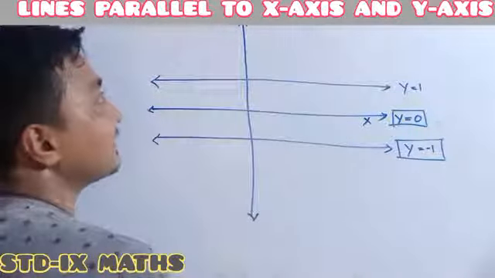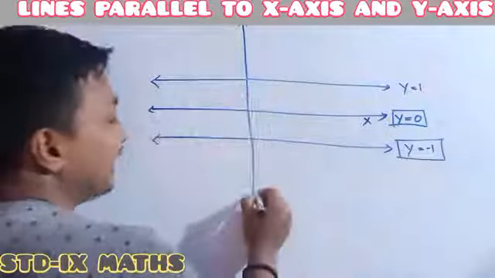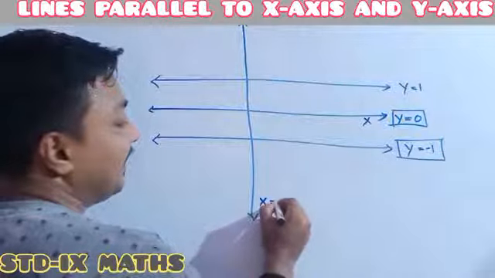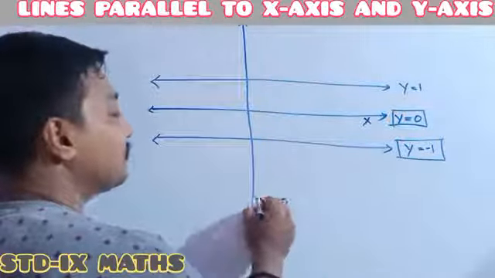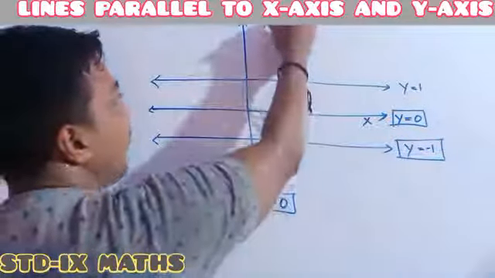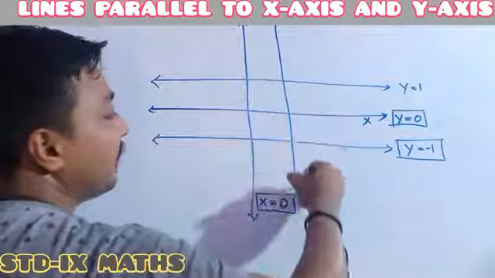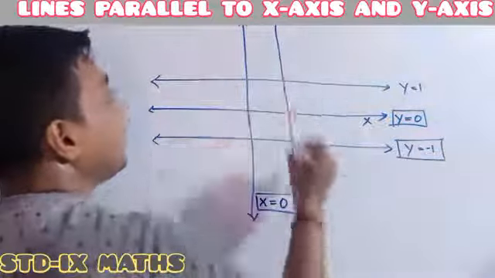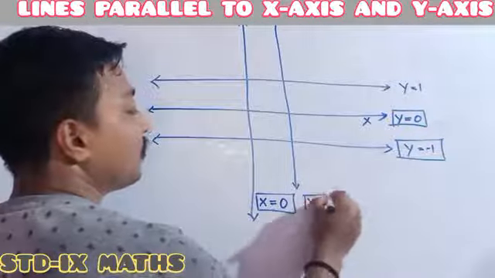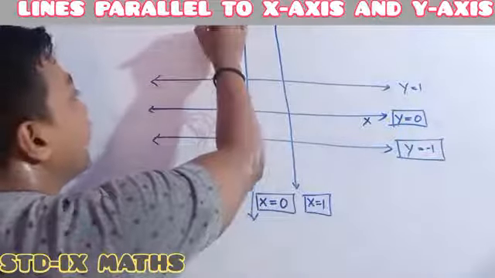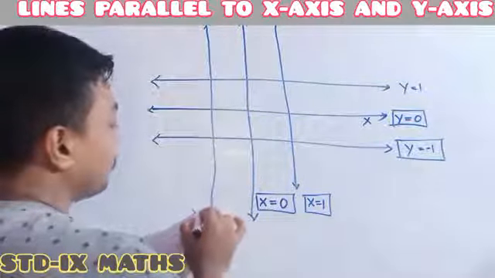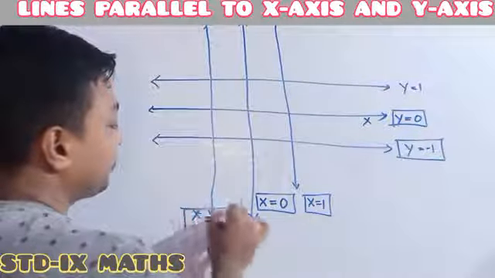In the same way, this one is the y-axis and its linear equation is x is equal to 0. Remember, this is the line parallel to the y-axis, with linear equation x is equal to 1 towards the right side, and towards the left side x is equal to minus 1.